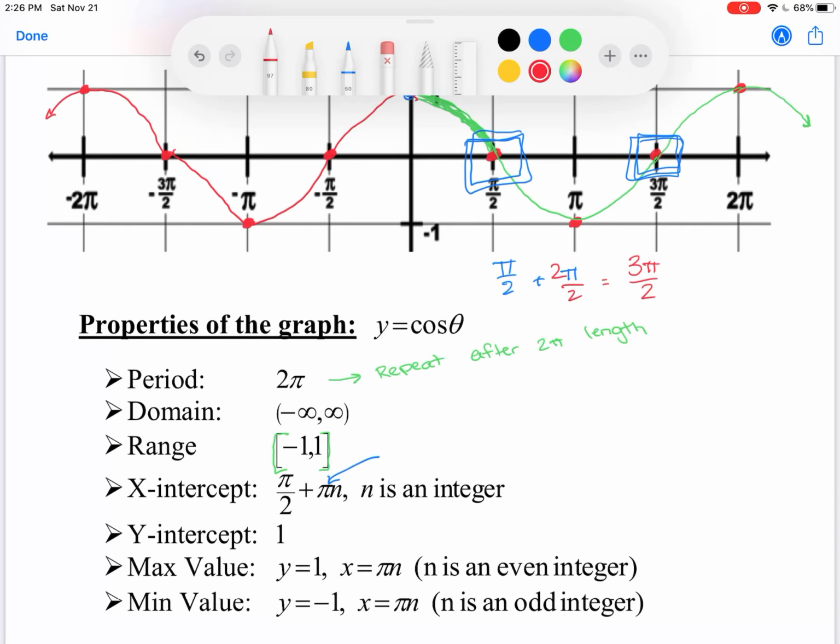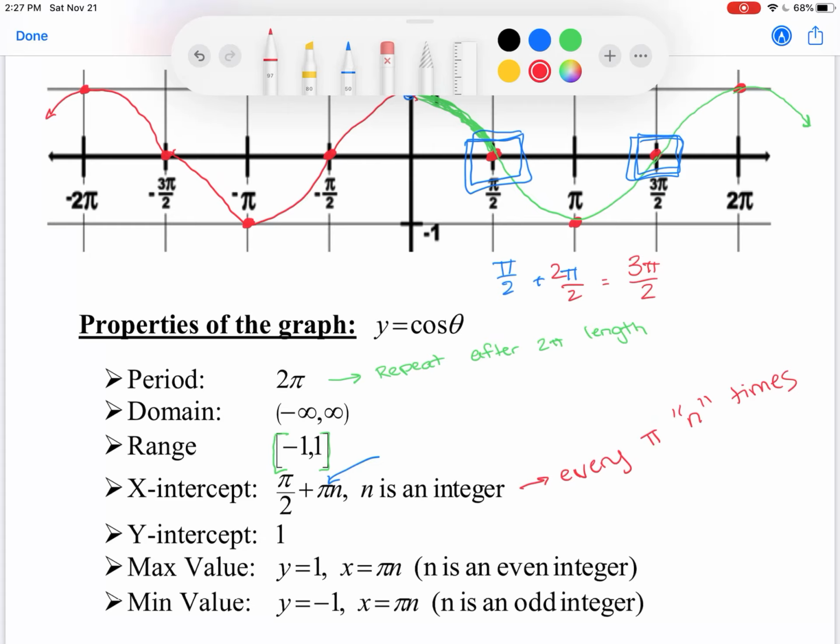Essentially, what you did was you took pi over 2, and you added pi, but of course, you have fractions, so you need the same denominators, which is going to change it into 2 pi over 2. And when you finally add them together, you got your 3 pi over 2. So that is confirming that you did indeed just add pi to get your next x-intercept.